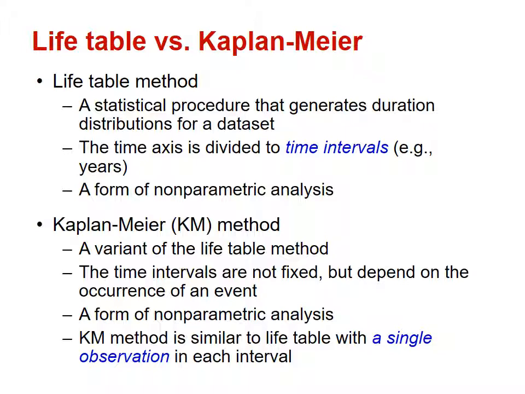Whereas in the Kaplan-Meier method, the time intervals are not fixed, but depend on the occurrence of the event of interest. The Kaplan-Meier method is similar to life table, but it has a single observation in each interval. Let's look at the life table method in more detail to understand this well.